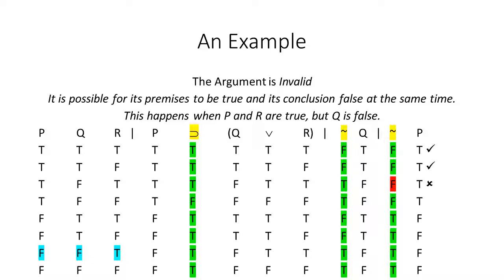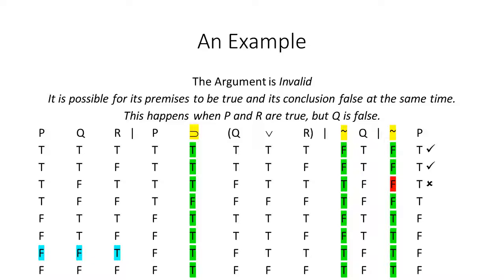Because there is this row that we already saw where the premises are true and the conclusion's false. And if there's any such row, no matter what the rest of the truth table looks like, the argument is invalid. So it's just an accident that the premises could be true and the conclusion true at the same time. There's no logical necessity that flows from the premises into the conclusion.